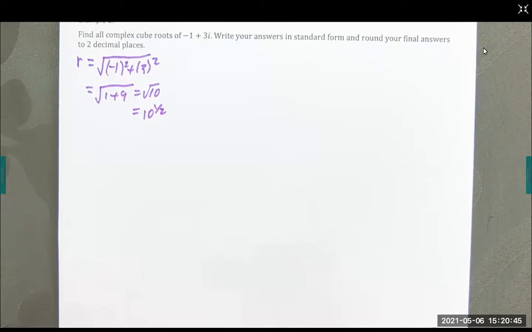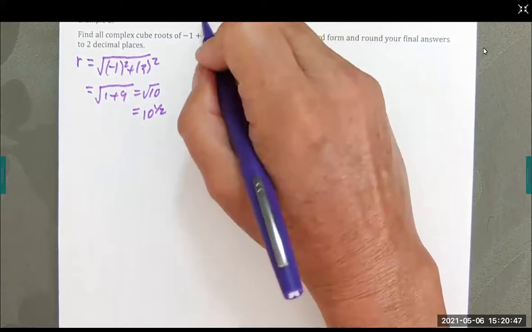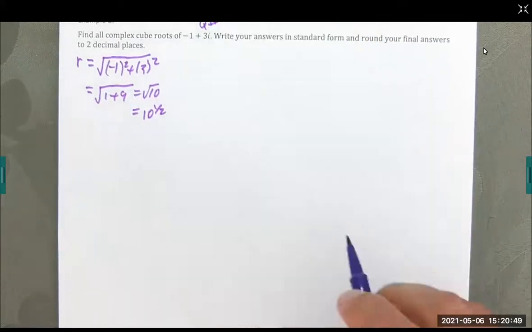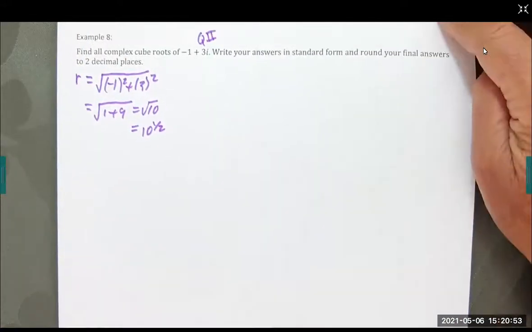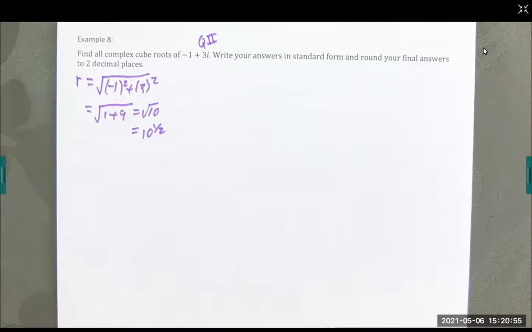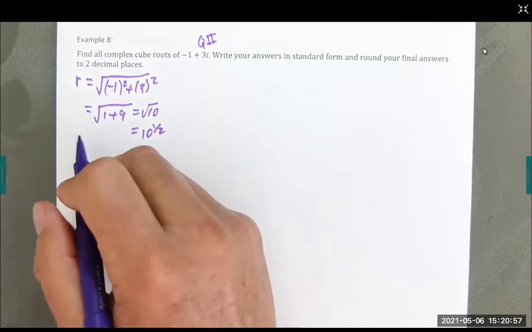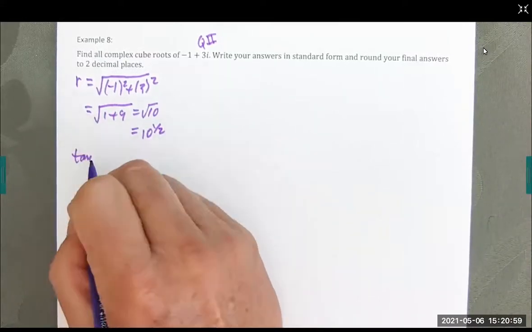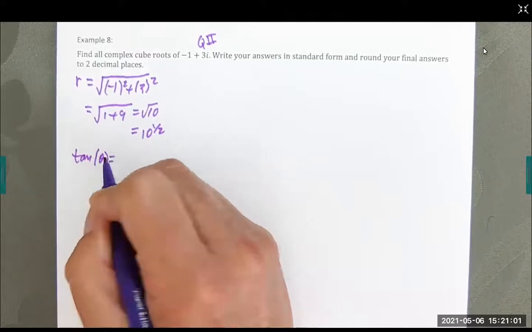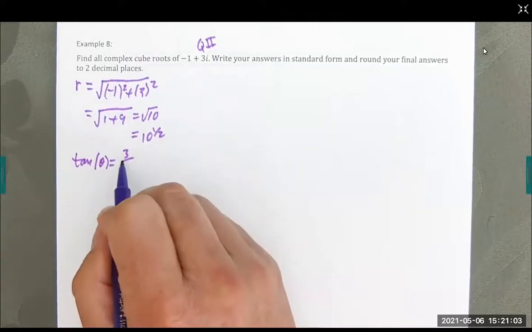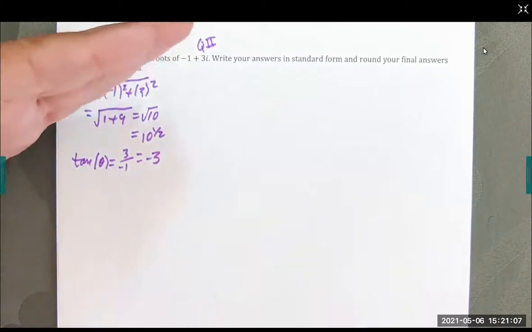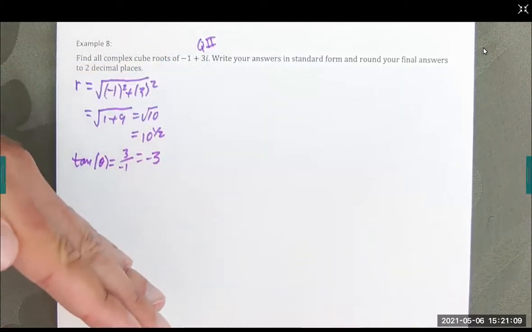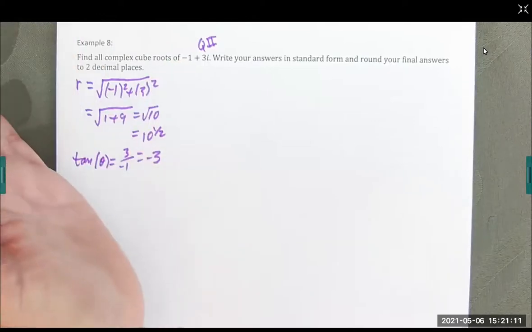Now you'll note that I'm in quadrant 2 in this case, back 1 up 3. So when I do this inverse tangent of 3 over -1, which is -3, it's going to give me a negative angle in quadrant 4. And I'm going to have to add pi to that to get me to quadrant 2.